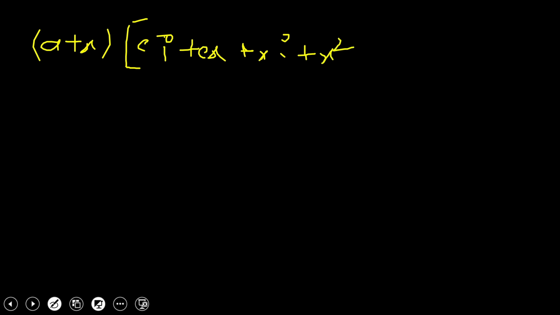So as we have written a plus x, if you open it, it will be ei plus ex plus xi plus x square minus HF minus HX minus Fx minus x square.